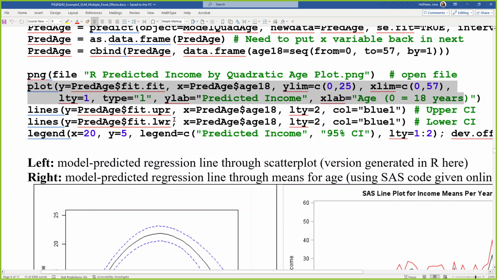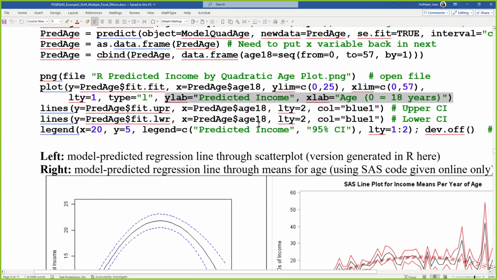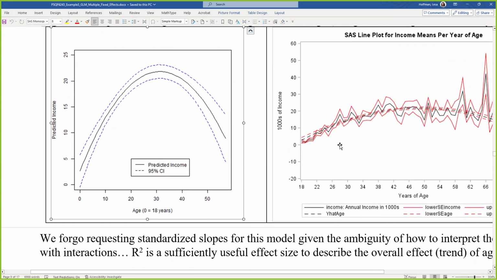I had to look up all of this stuff, so I'm not entirely sure now what these things mean, other than it's a line plot. Limits, I scaled the axes, I knew that one. And I also added labels, because you should always do that. Then I'm adding lines for the upper and lower CI as well, and then I added a legend. And the end result is this little picture right here.